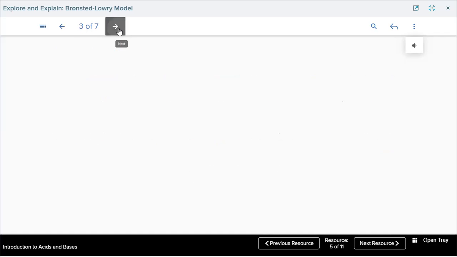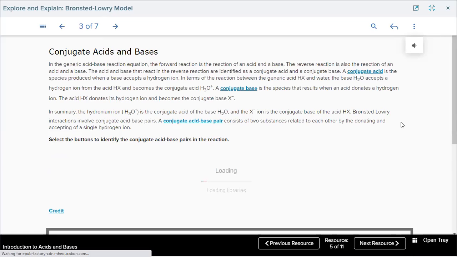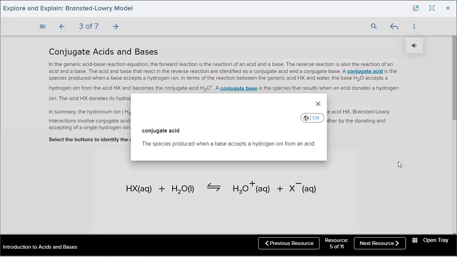It's about Bronsted-Lowry conjugate acids and bases. What's meant by conjugate acids and bases? First, this is called conjugate acid. What's meant by conjugate acid, Mariam? The species produced when a base accepts a hydrogen ion from an acid.